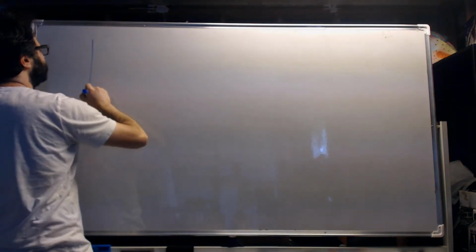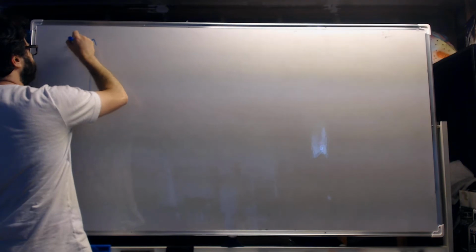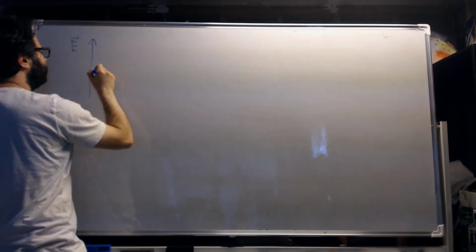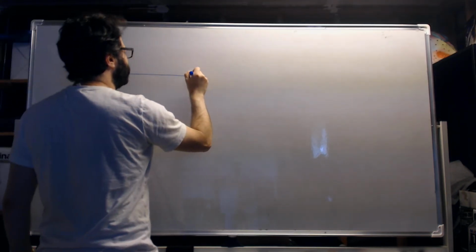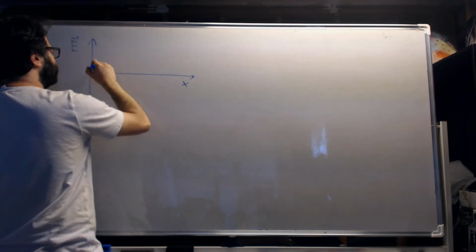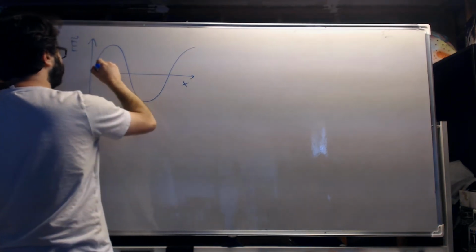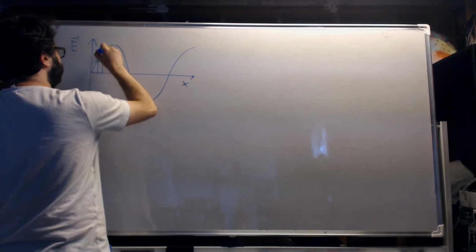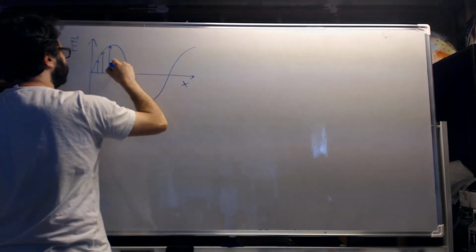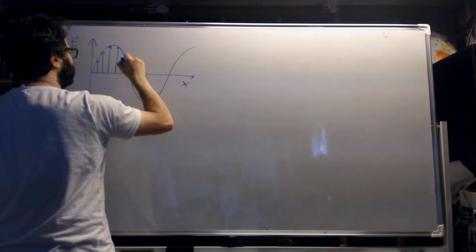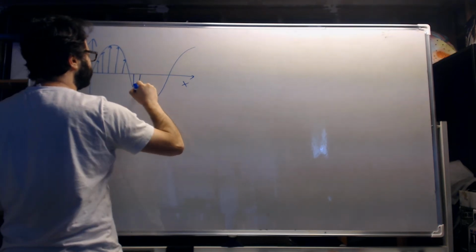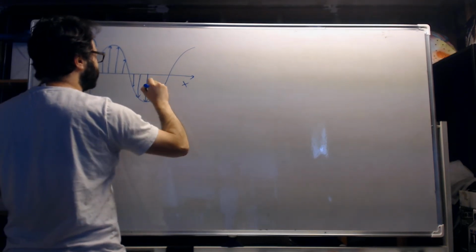Let me remind you what the situation looks like if we were to plot the electric field of our wave. Let's say the wave is moving in the positive x direction. We drew plots that look like this, where this was the electric field, in this case vertical in the plane of the board, oscillating up and down as a function of both space and time.